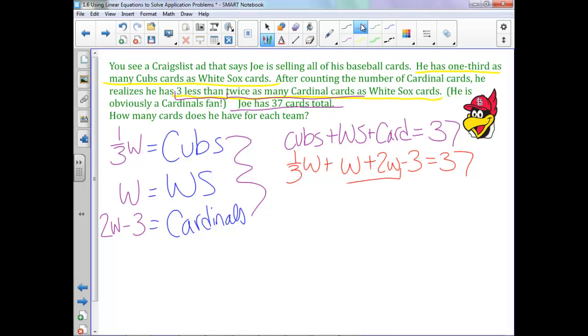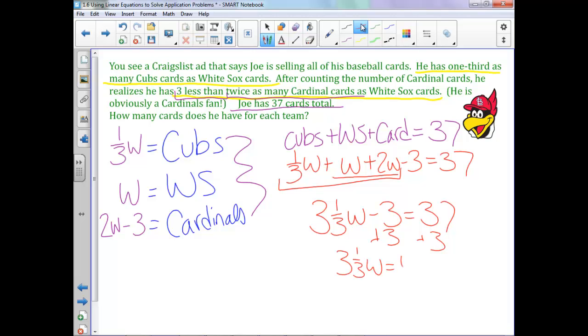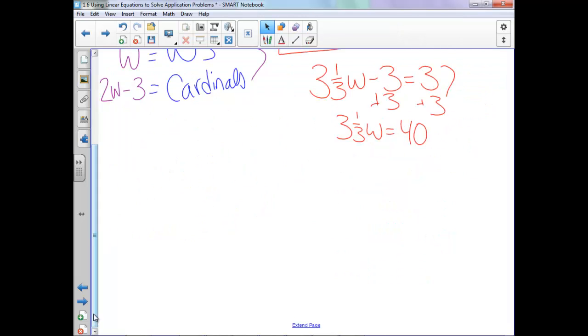So when we combine our W's, 2W plus 1W is 3W, and then 3W plus 1/3 W is just 3 1/3 W. We're going to change this to an improper fraction.